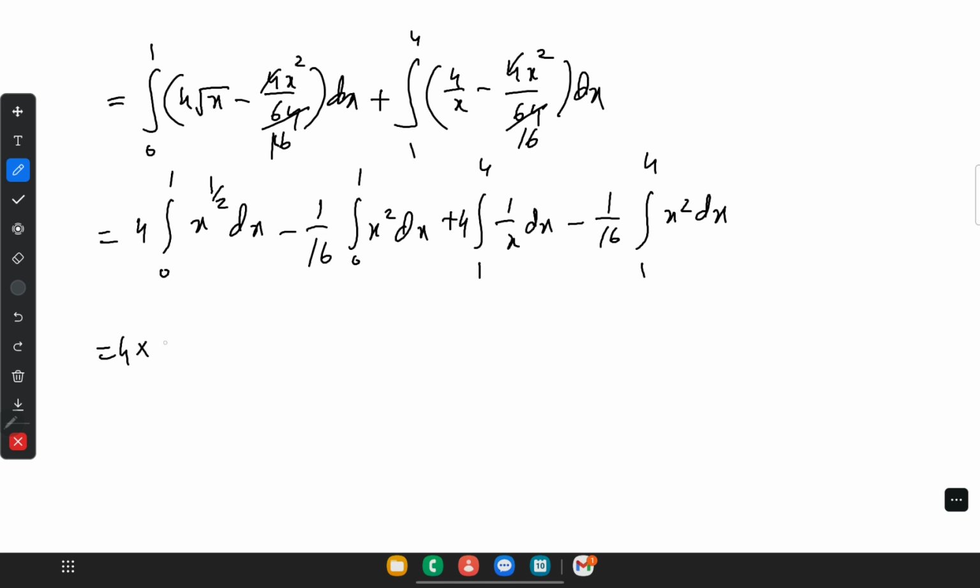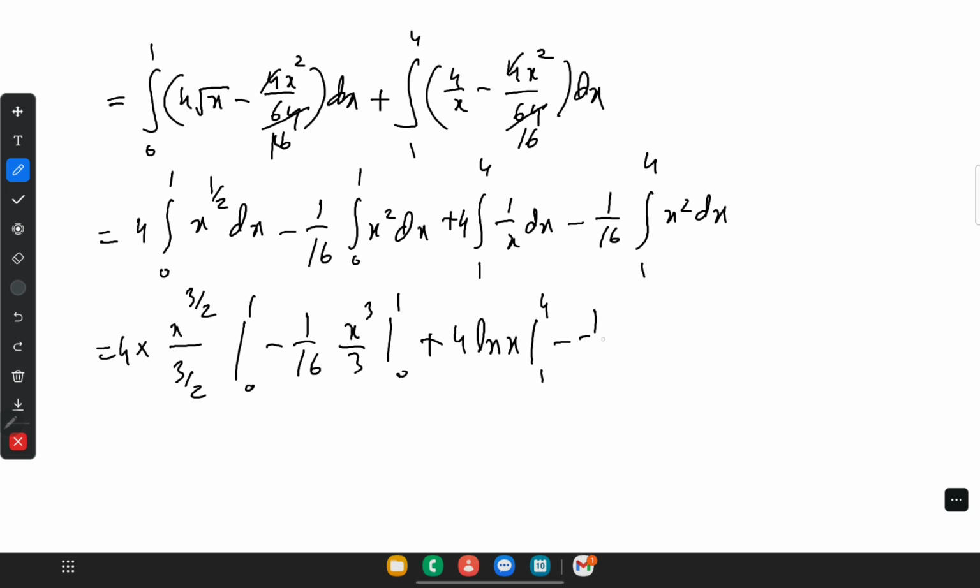It will become x to the 3 by 2 over 3 by 2 from 0 to 1, x cubed by 3 from 0 to 1, plus 4 log x from 1 to 4, minus x cubed by 3 from 1 to 4.